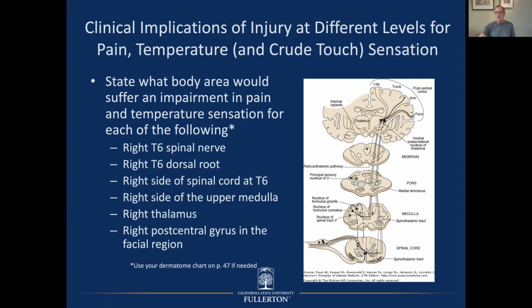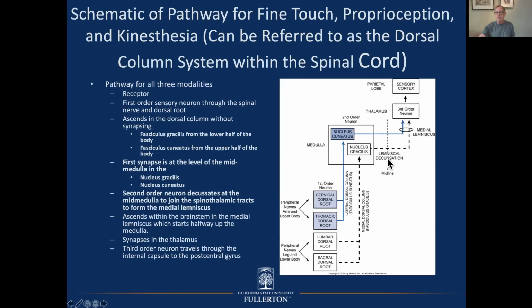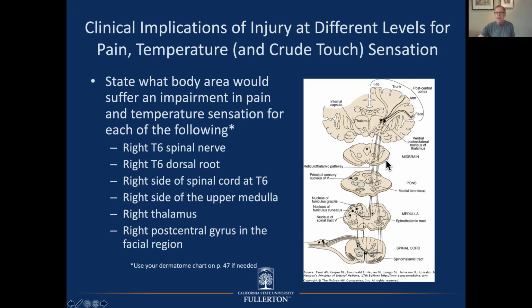So here's a section through the pons, and there it is. Here's a section through the midbrain, excuse me for jumping like that. And here is the thalamus. Note that they have labeled it here, not just the thalamus, but the ventral postural lateral nucleus of the thalamus. There is a ventral postural medial nucleus of the thalamus. That's a little more detail than we need.